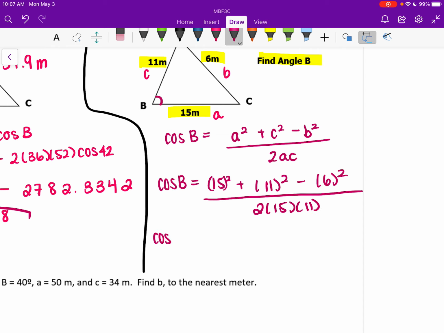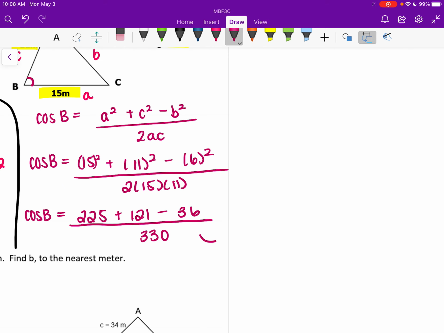Right, so cosine B, and we're just going to start solving. So 15 squared is equal to 225. Plus 11 squared is equal to 121. 6 squared is 36. All divided by 2 times 15 is 30 times 11 is going to be 330.